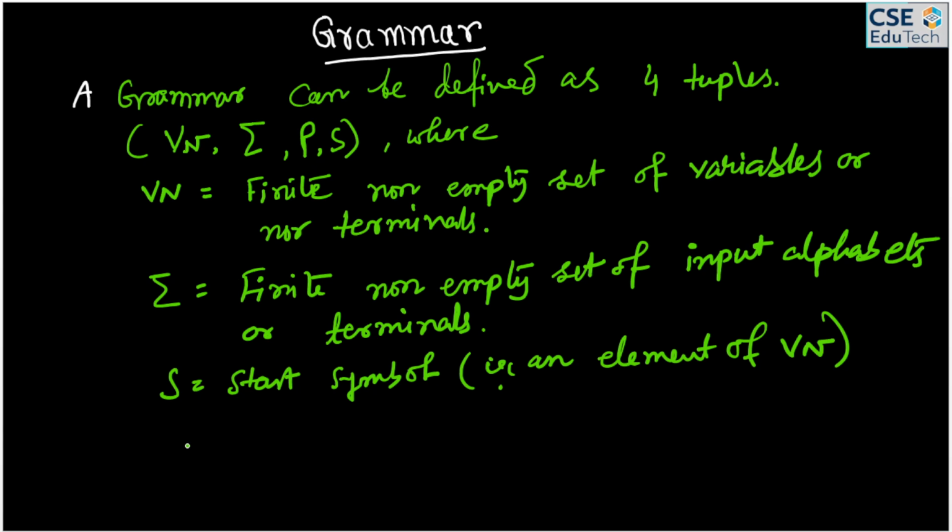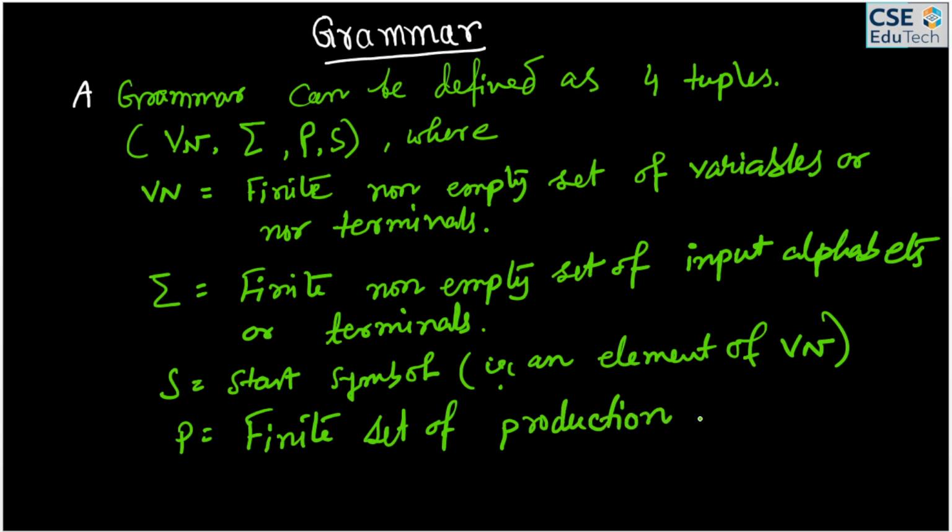And P is a finite set of production rules. Now V of n means a finite set of non-terminals.